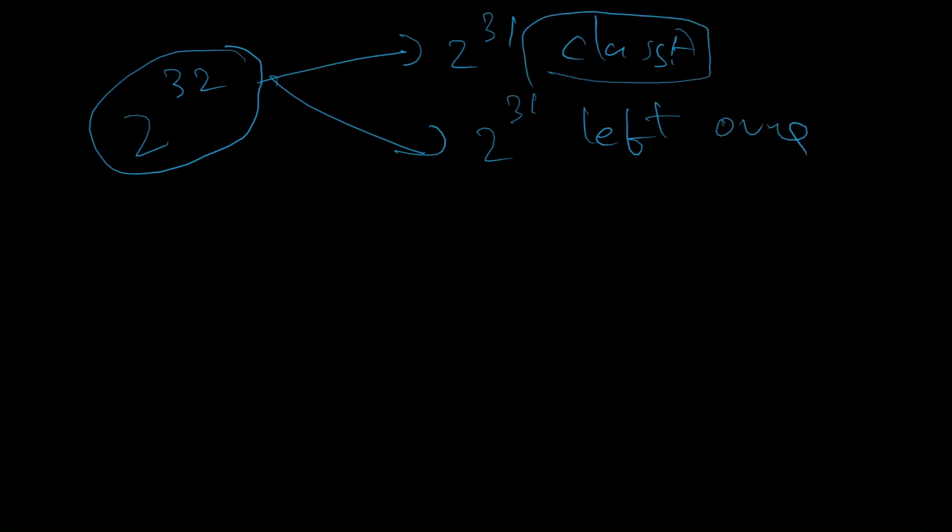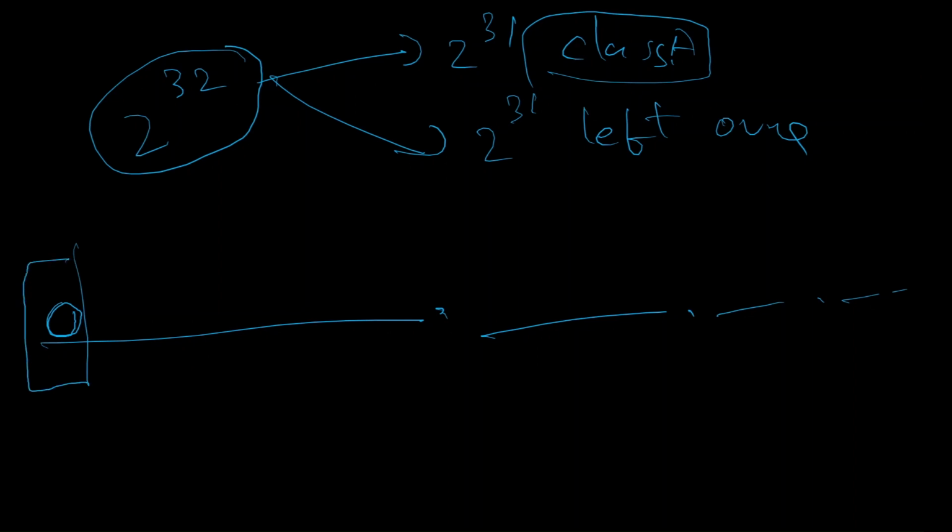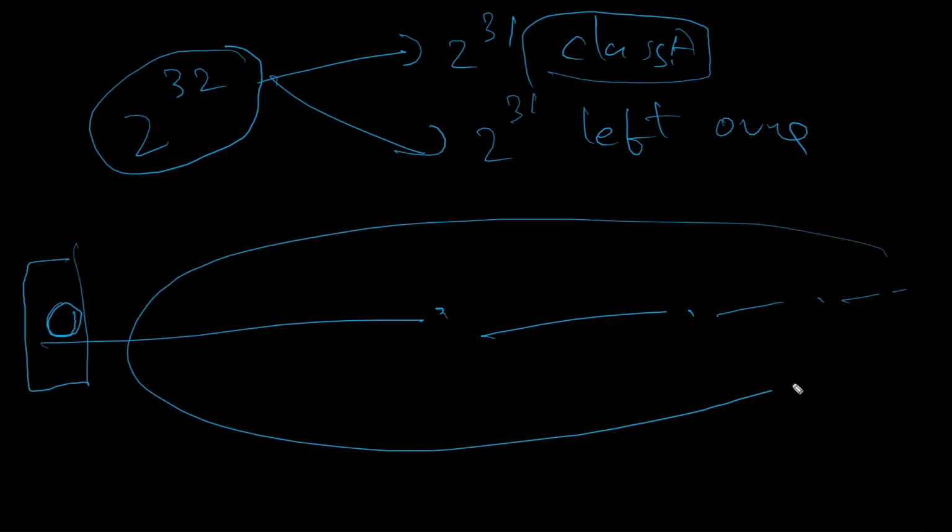If you consider the first, second, third and fourth octet, and it starts with 0, this bit is fixed. If you fix this, we have 31 bits remaining, so 2 power 31 IPs are remaining, and all of these belong to the class A group.